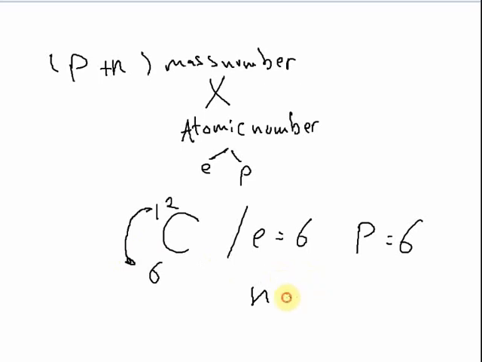So 12 minus 6 equals 6. Here the number of neutrons equals the number of protons, so this atom is called a stable atom.